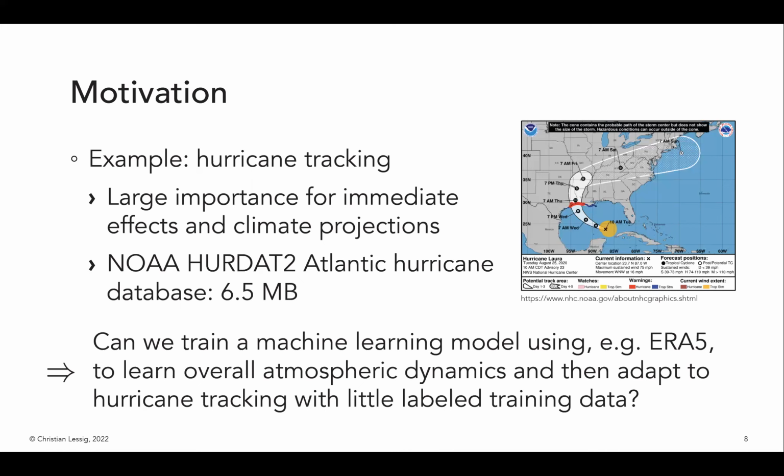In the same way, we have a PDE, and a hurricane is just a specific initial condition for the PDE or mathematical models we usually use. So the idea is, if you build a general neural network model for atmospheric dynamics, then we might just have to pick the right initial condition or adjust it a little bit so that it's really useful for hurricane prediction.